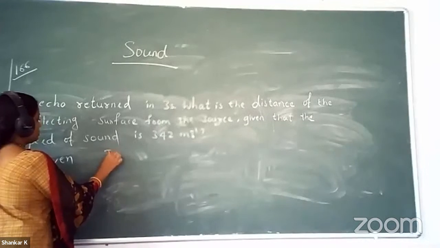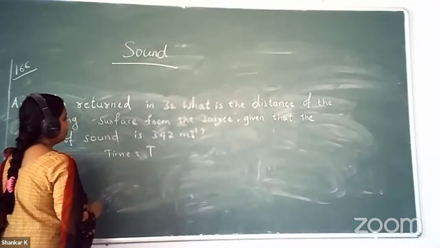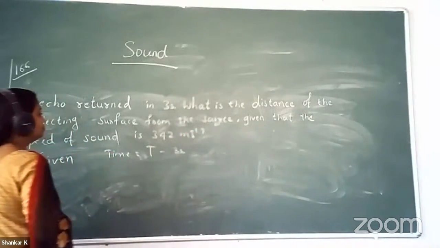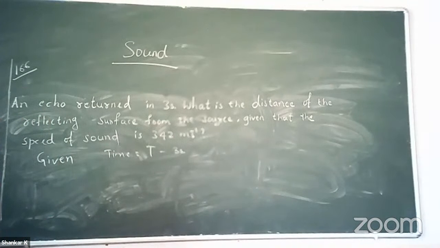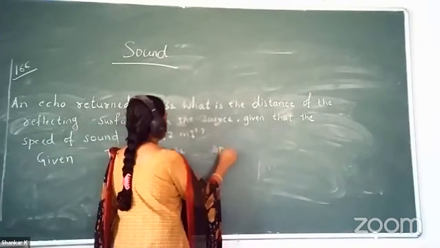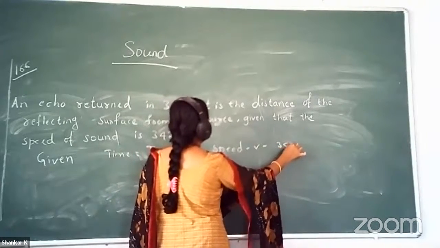T means time is given. What is the T? 3 seconds is given. Then the speed, V, is 342 meters per second given.